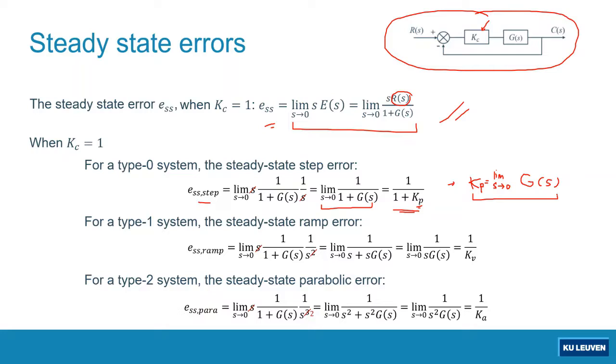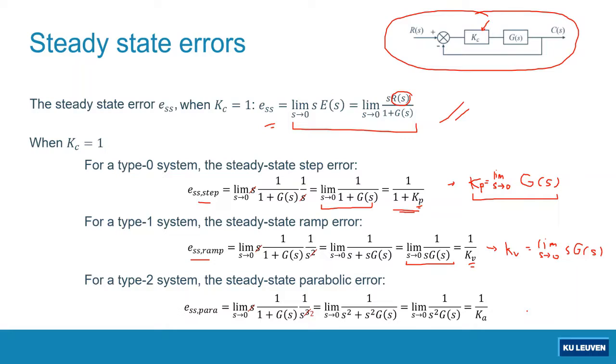If a ramp input is given, the steady state error to the ramp input will be equal to limit s to 0 of 1 over sG(s), or equal to 1 over the static velocity error constant, where Kv, the static velocity error constant, is equal to limit s to 0 of sG(s). That is for the static velocity error constant.